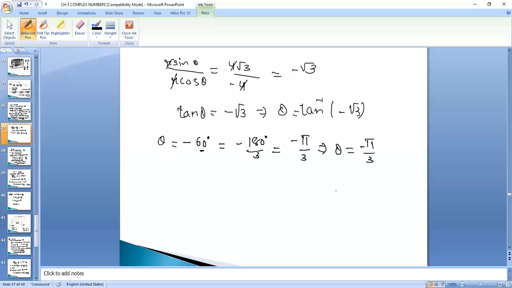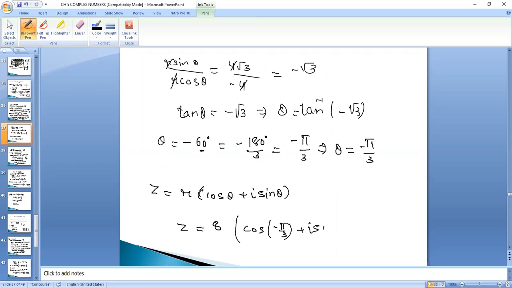Then we got the value of theta, and we got the value of r. Now z is equal to r cos theta plus iota sin theta. So z is equal to r, the value of r is 8, and cos of theta means cos of minus pi by 3 plus iota sine of minus pi by 3.